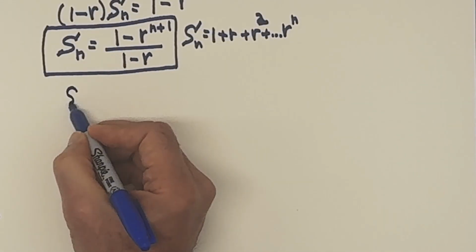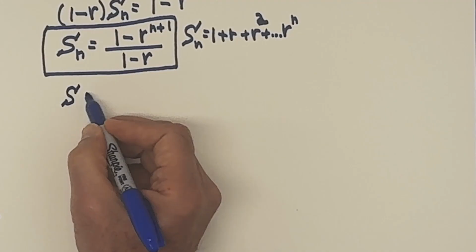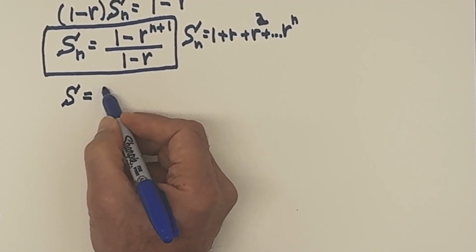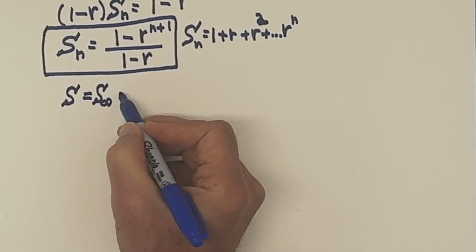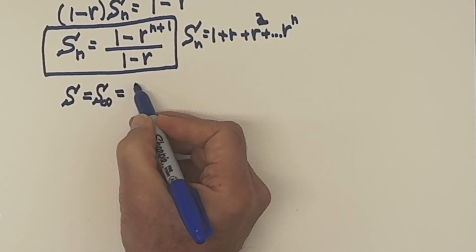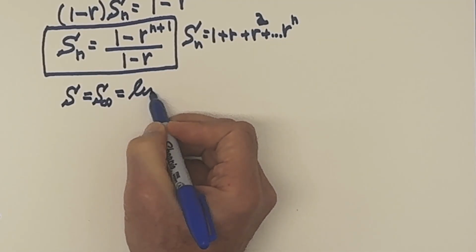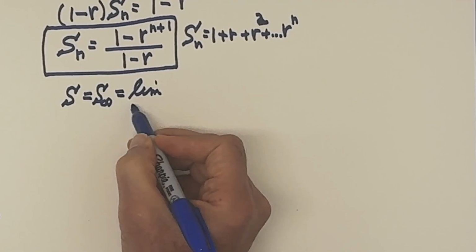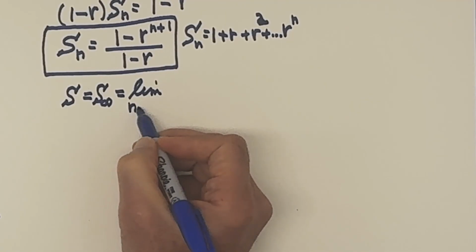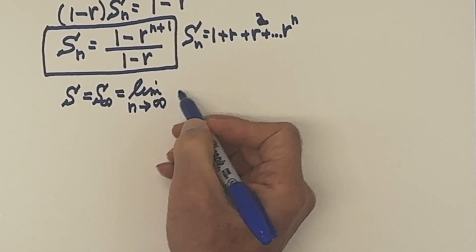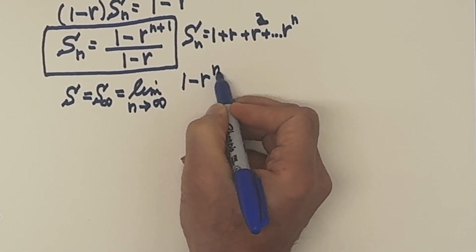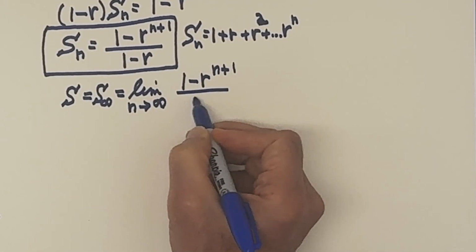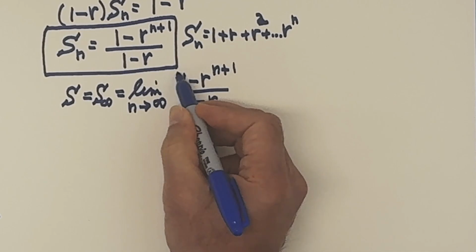So we're going to call that sum just S, or you could, if you want, put an infinity sign for the n, and that would be equal to the limit as n goes to infinity of 1 minus r to the n plus 1 over 1 minus r.